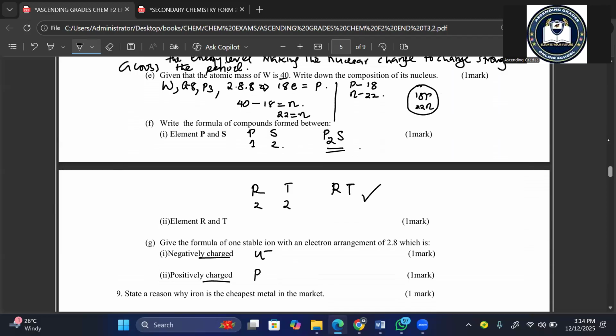P as positive. Give the formula of one stable ion with an electron arrangement of 2.8 which is positive. I think we can also, let me check.